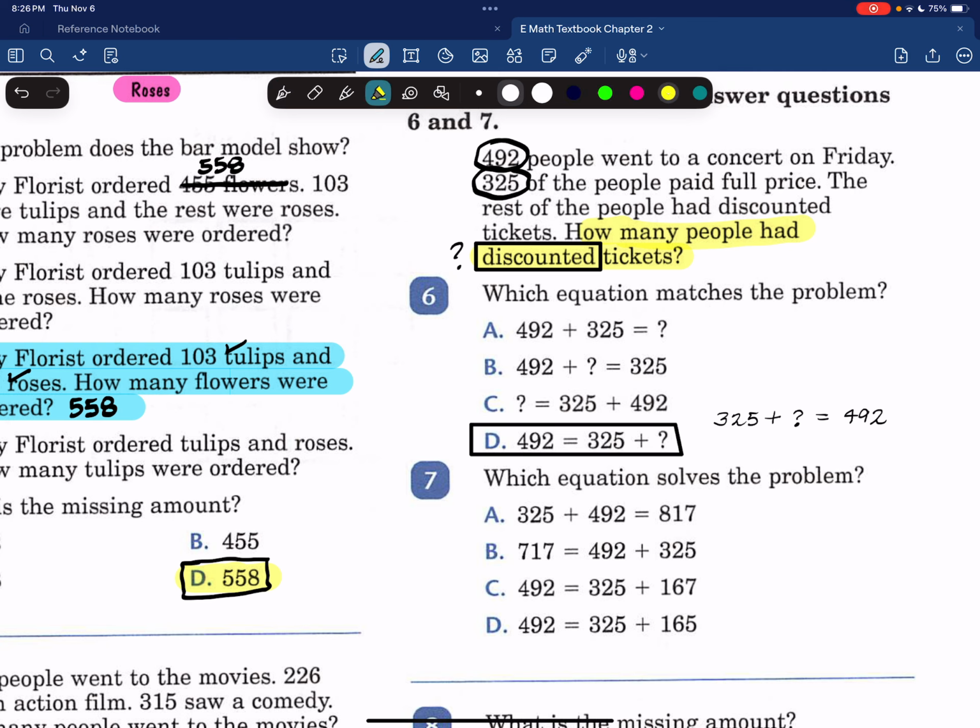Let me highlight it a certain way. I have my 325 and my question mark together, just like this one. And then I have my total on the other side, just like this one. And I have an equal sign between them.